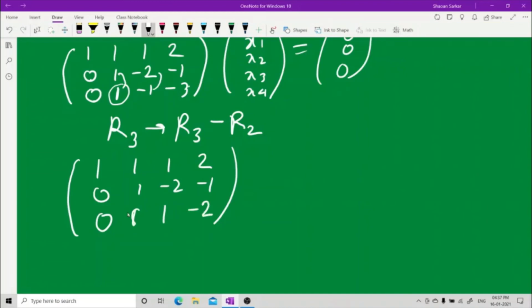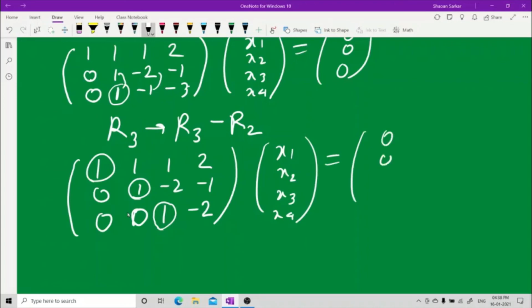Now you see there is a pivot in each row. The rank of this matrix is 3, which is less than 4, the number of variables.